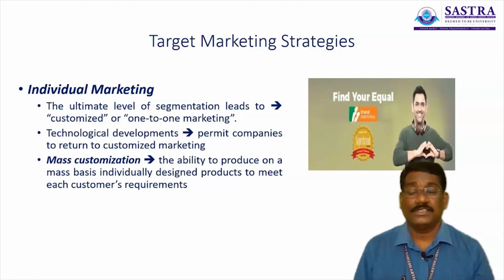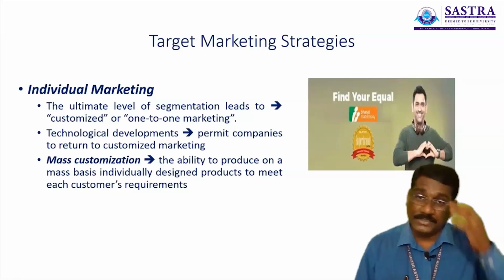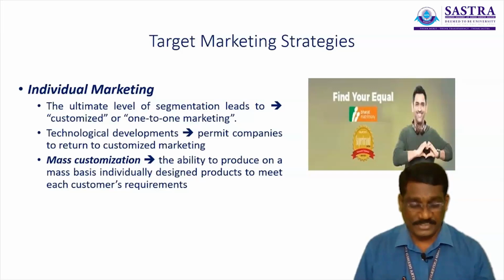That process we call mass customization. It is the ability to produce on a mass basis individually designed products to meet each customer's requirement. I think all the television channels, Tata Sky, Sun TV, all those companies are trying to serve the customers in a mass customized fashion.